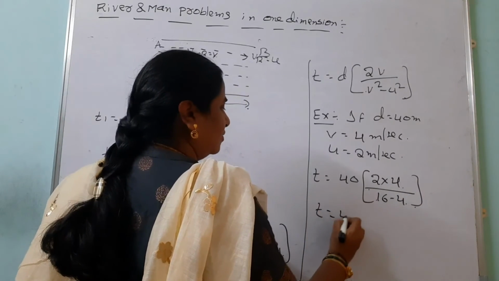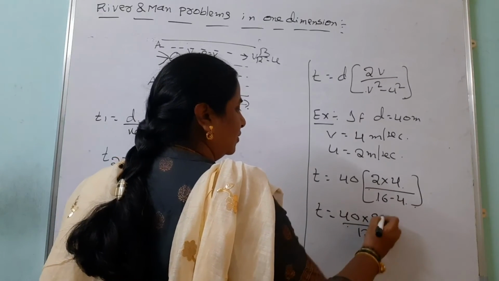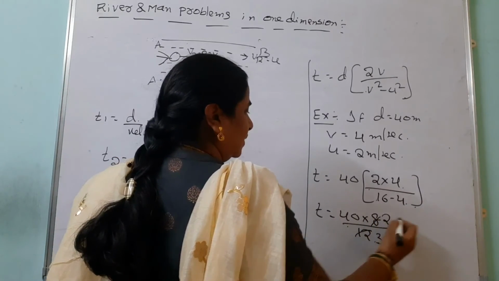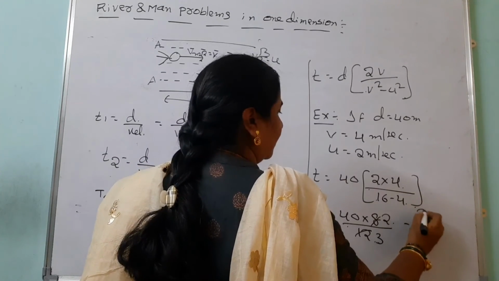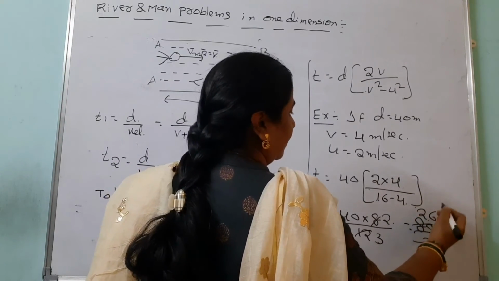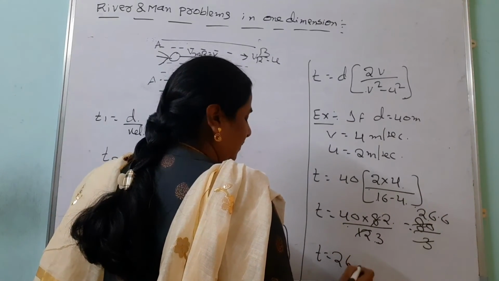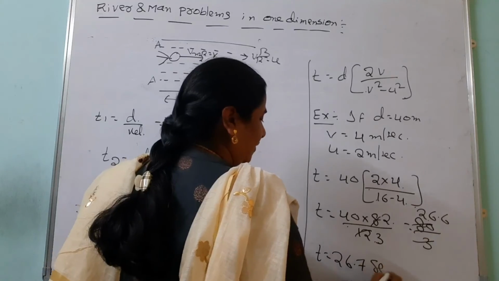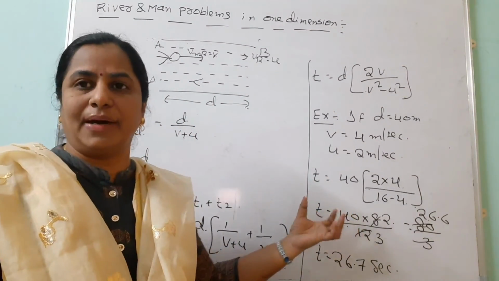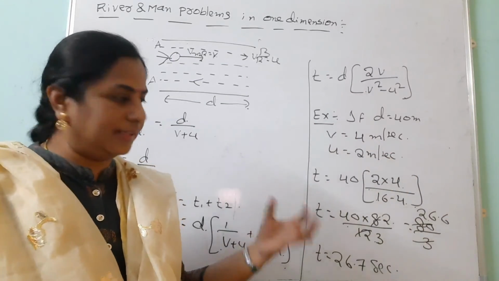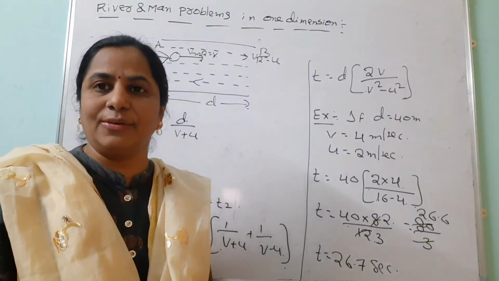So T equals 40 into 8 by 12, which is 80 by 3, 26.6 seconds, otherwise 26.7 seconds. Total, the time he takes to complete the path, start and come back to the same position, is 26.7 seconds.